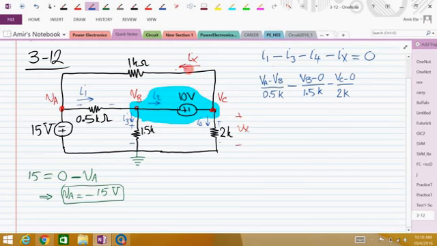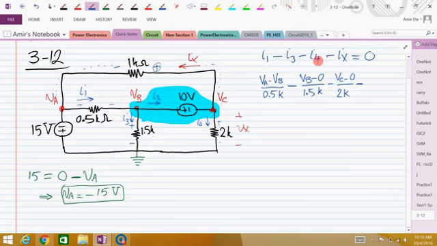And the last current IX, which is also leaving the super node because it's going up, so it's basically the current of this resistor here. Because the current is going to the left, the polarity will be like this. So its voltage will be the voltage of the positive polarity minus the voltage of the negative polarity, VC minus VA.